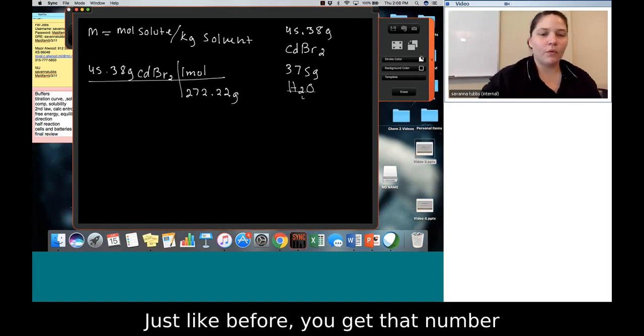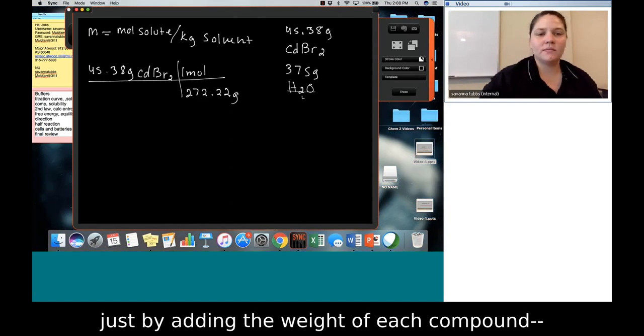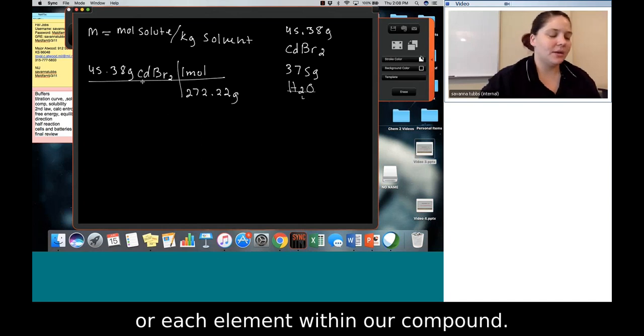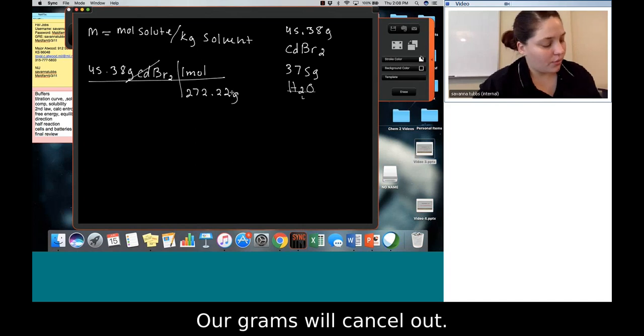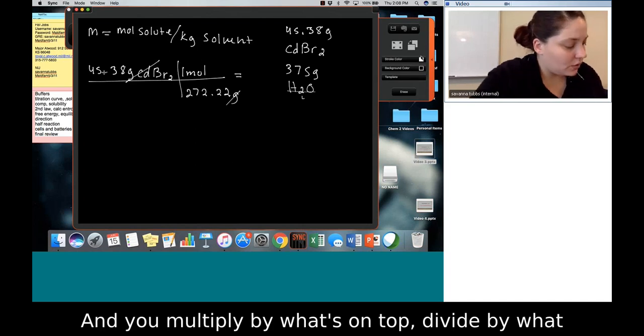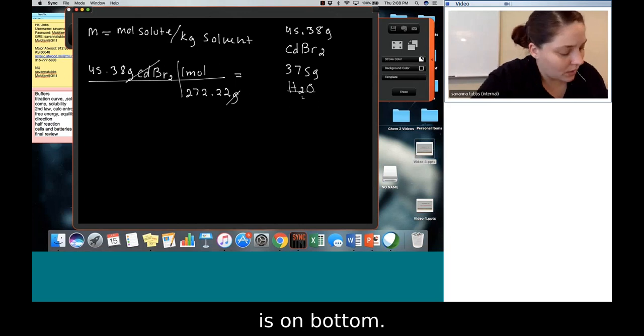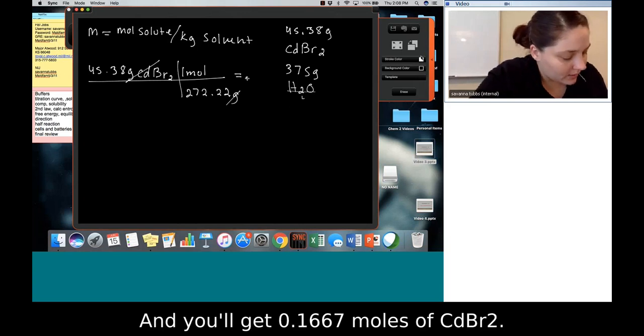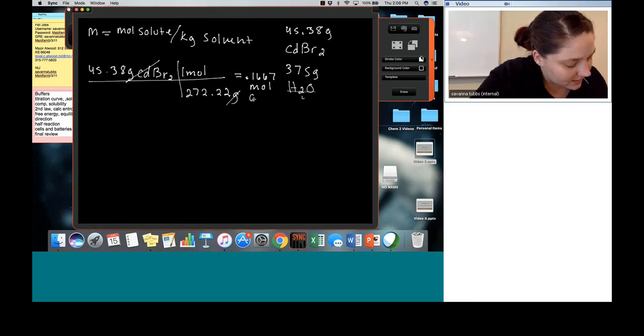Just like before, you get that number just by adding the weights of each element within our compound. Our grams will cancel out, and you multiply by what's on top, divide by what is on bottom, and you will get 0.1667 moles of CdBr2.